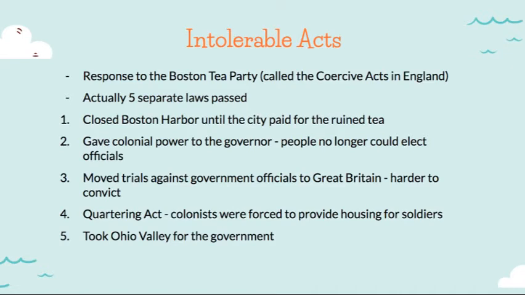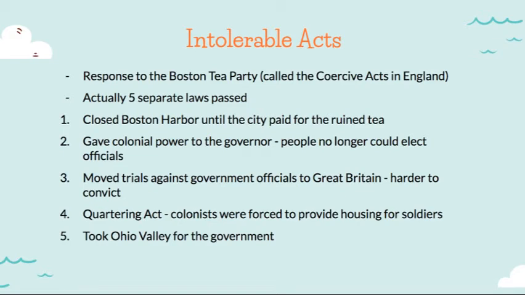One, because they couldn't get the people testifying against those officials to Great Britain, and also the jurors and the magistrates, the judges, were more lenient to those government officials because they were acting on behalf of the British government.